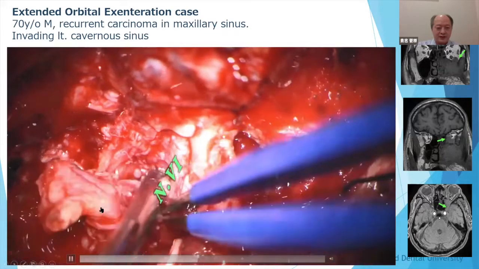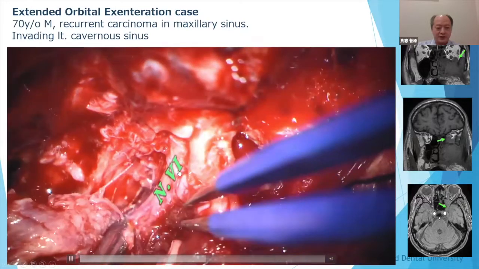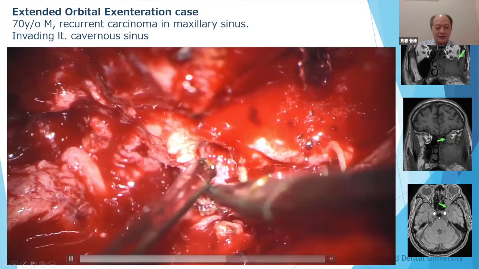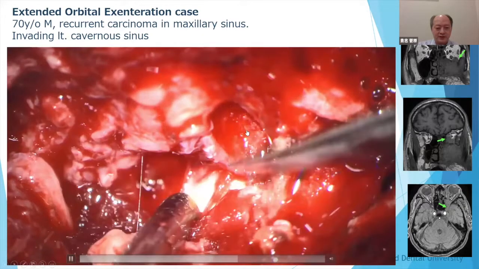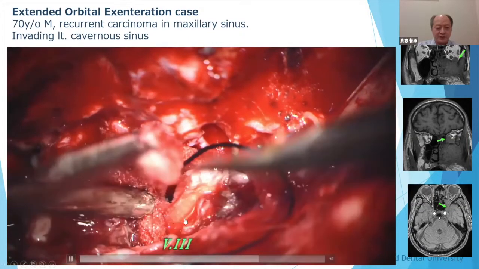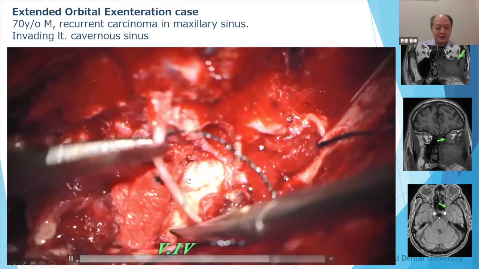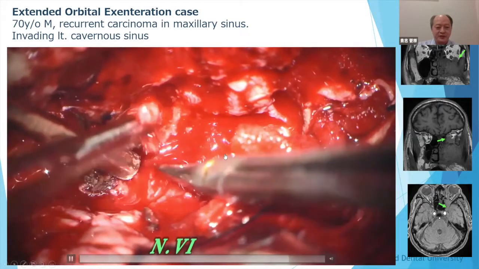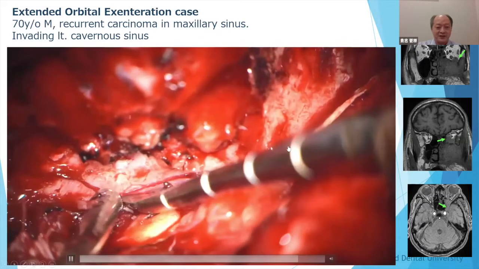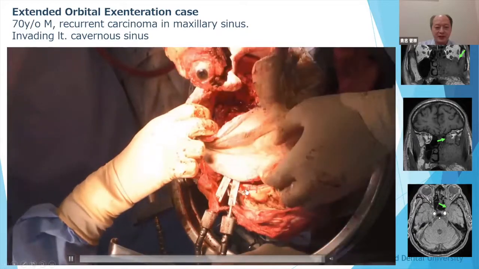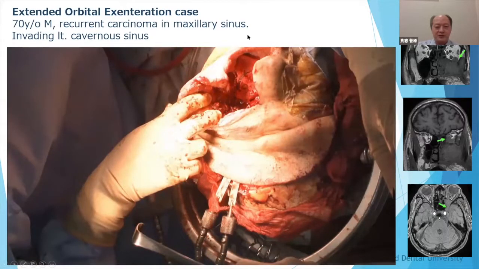And cut V1, and you can see here the 6th nerve, and cut the 6th nerve, and cut the 3rd nerve. You can see the C3 and C4 here, and remove the 3rd nerve and 4th nerve, and V1, and also the 6th nerve. All of the nerves in the cavernous sinus. And move the cavernous sinus backward, and the tumor was almost completely removed.